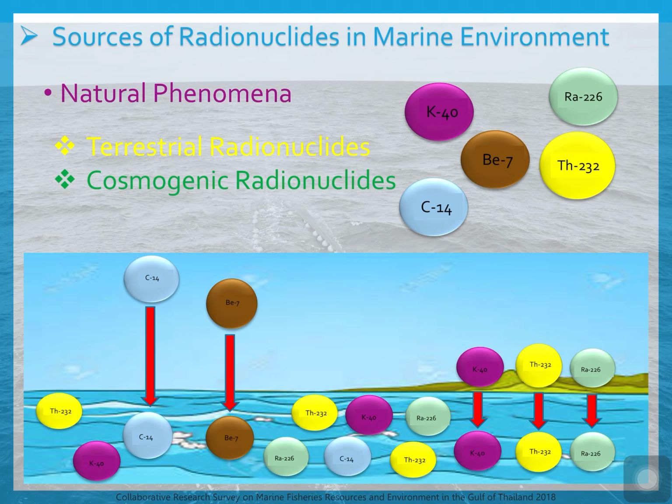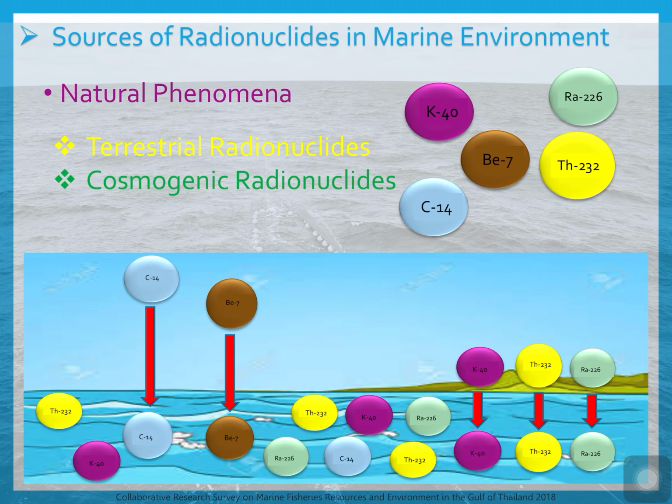Earth was created. These radionuclides consist of potassium-40, radium-226, thorium-232, and so on. The second one is the cosmogenic radionuclides, such as carbon-14 and beryllium-7.